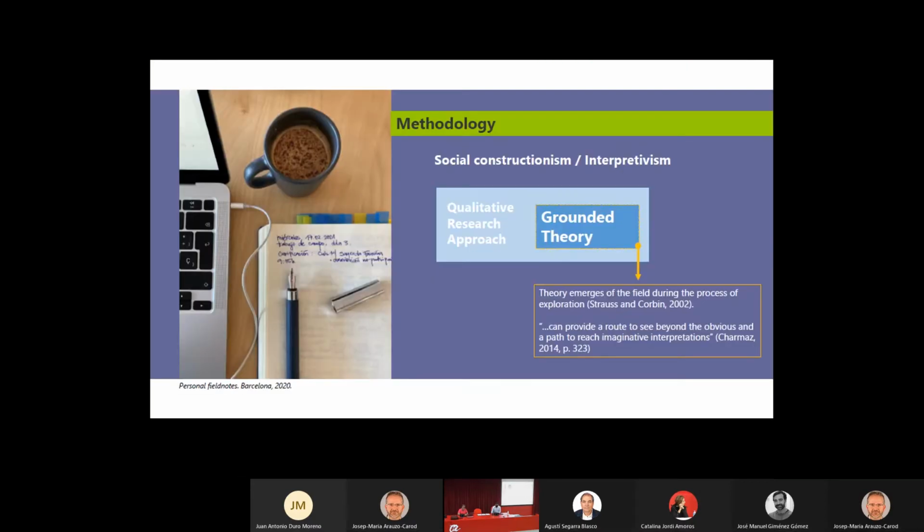The methodology that we use is grounded theory. It's a qualitative research approach guided by the interpretivism paradigm, and theory emerged from the field during the process of exploration.